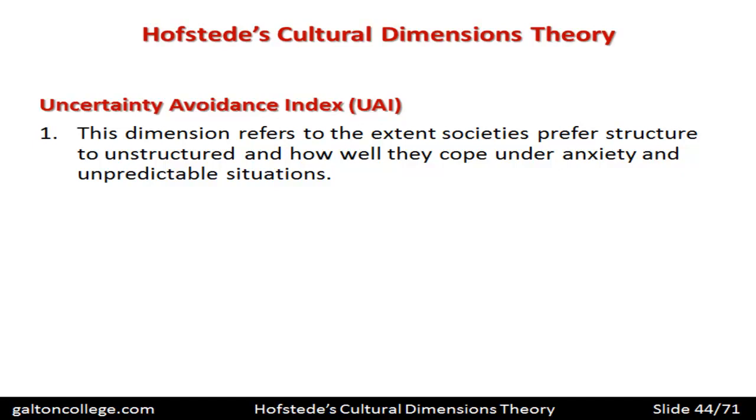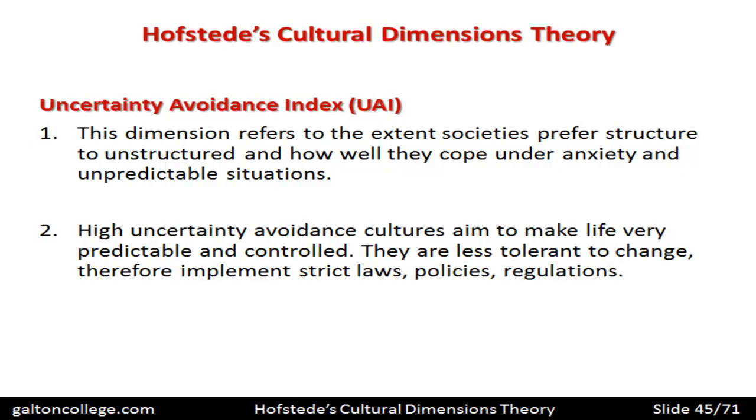But this dimension refers to the extent that societies prefer structure to unstructured. We like a structure. Unstructured sounds chaotic, and we don't want to be in that position. High uncertainty avoidance cultures aim to make life very predictable and controlled.